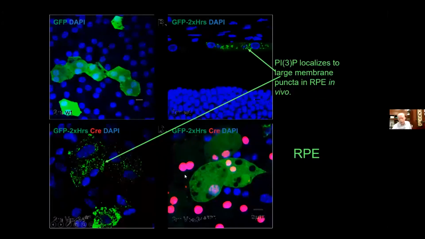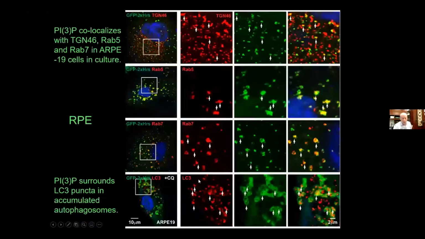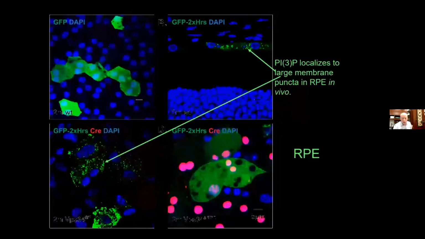Now, the way that we made these knockouts was to use a bestrophin promoter-driven CRE, and the bestrophin promoter has some advantages and disadvantages. It's specifically expressed in RPE cells, but it's not expressed in every RPE cell at all times.